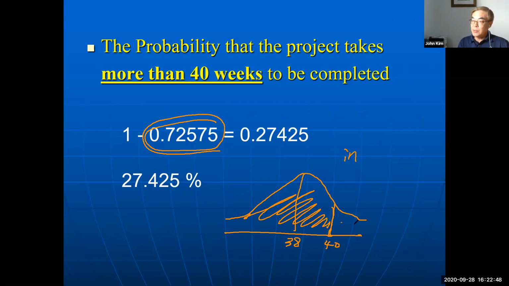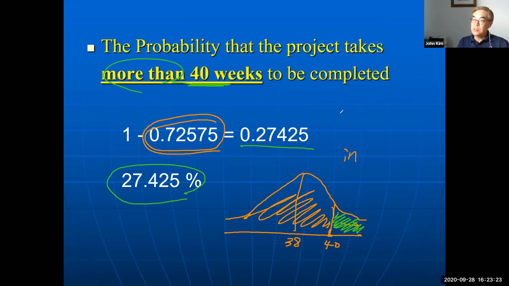But we need this side, the right side of that boundary. So the total is 1. So 1 minus the left side equals the right side. So longer than or more than 40 is 27.425%.